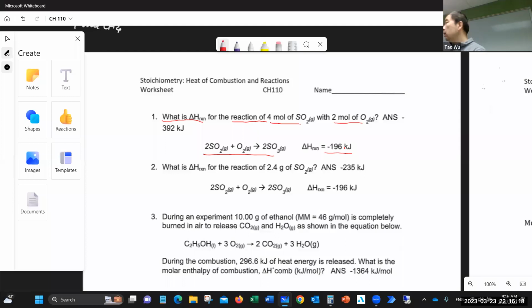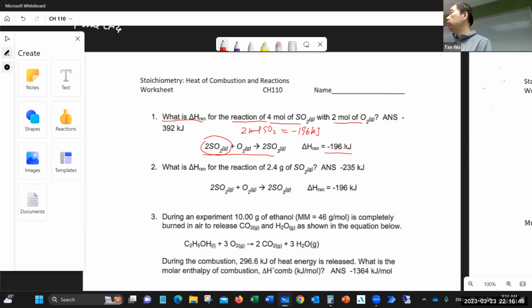That makes sense, right? But if you just want to use the stoichiometry way, first you need to find the connection between the heat, the delta H, and the moles of the SO2. Here, 2 moles of the SO2 is going to produce negative 196 kilojoule of the heat.